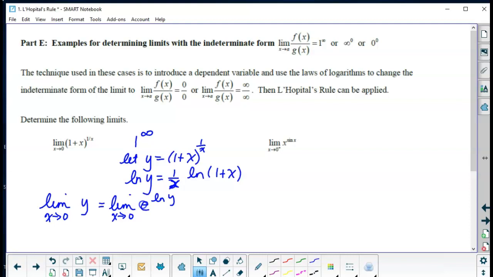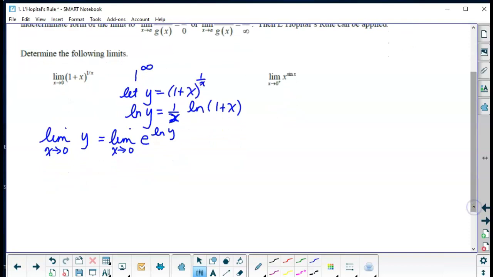Okay? So now, e is the base, it's a number. So we really want to take the limit of ln y. And again, just keeping x approaches 0.